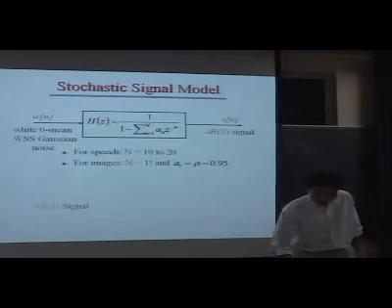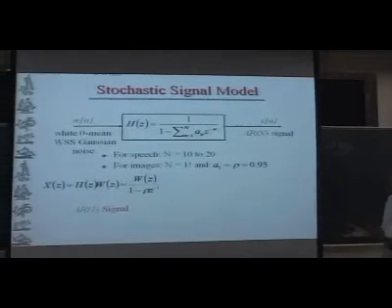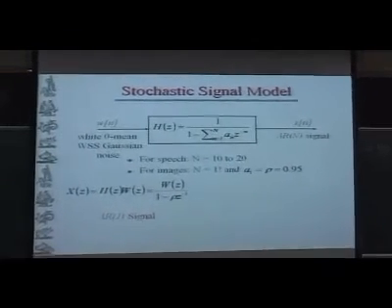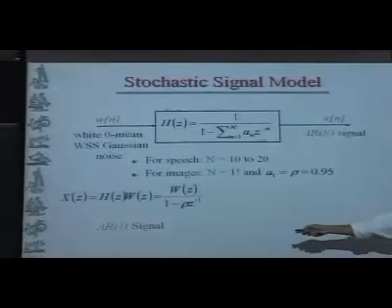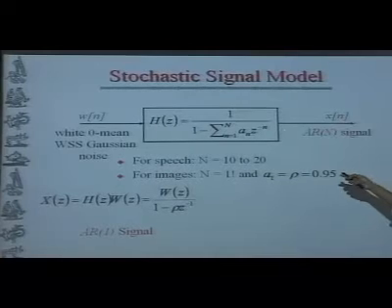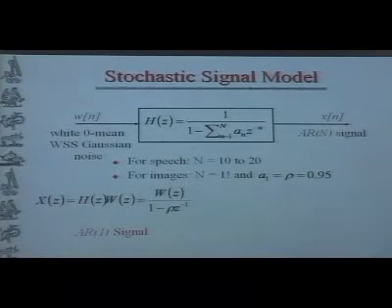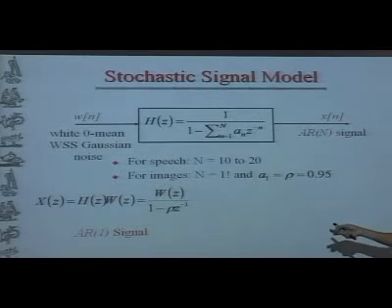So let's see how we can visualize this AR1 image model. Okay, X(z), which is the output of this box, is simply H times W, right? So we learned this from the Mandarin course, right?